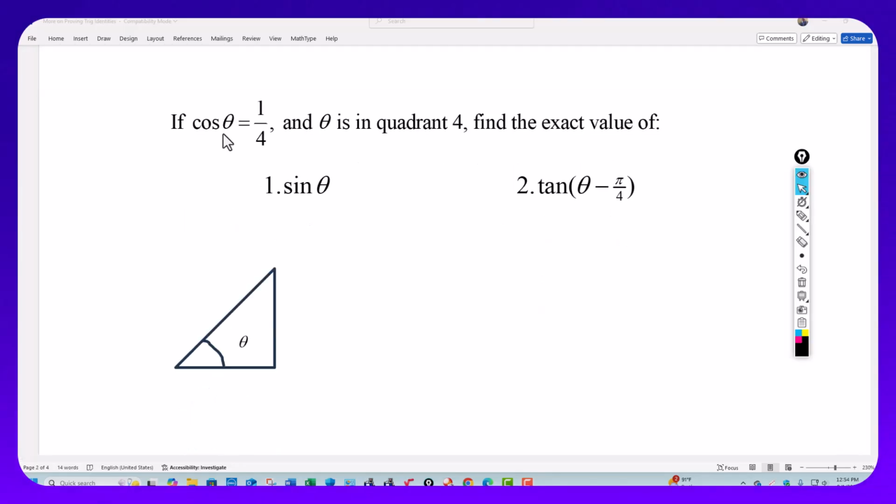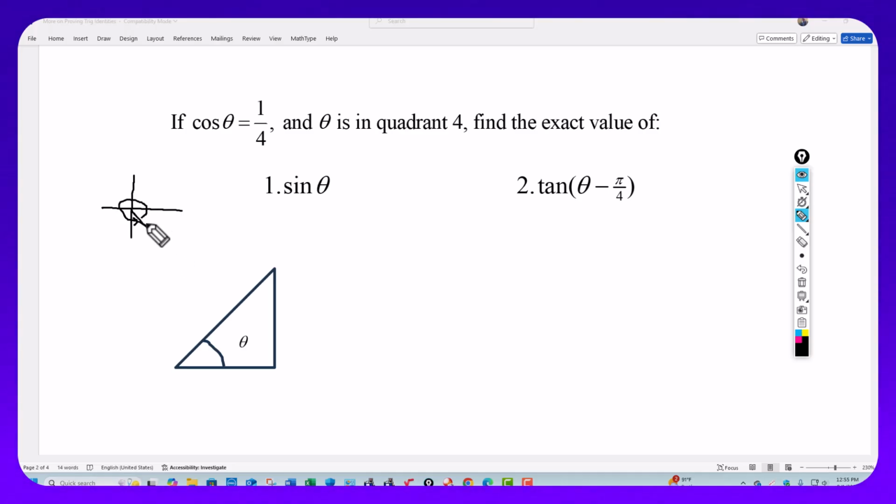We're given cosine of an angle theta is equal to 1/4. The angle is in quadrant 4. And again, that means that the terminal side is in quadrant 4. So the angle goes like this. So we take this as our reference angle.